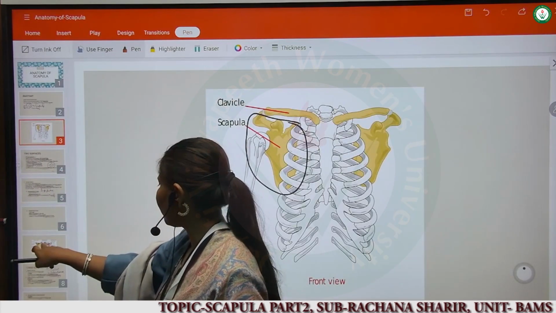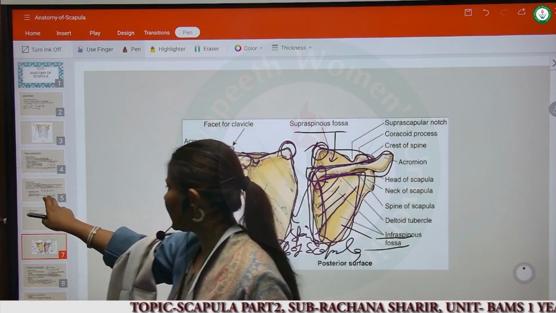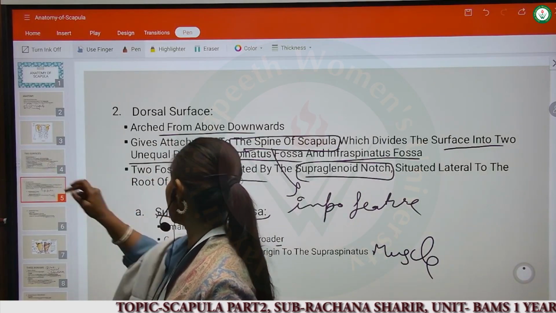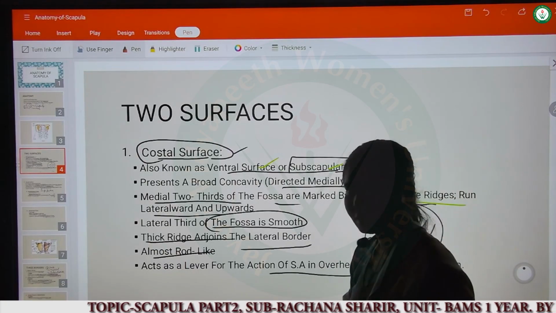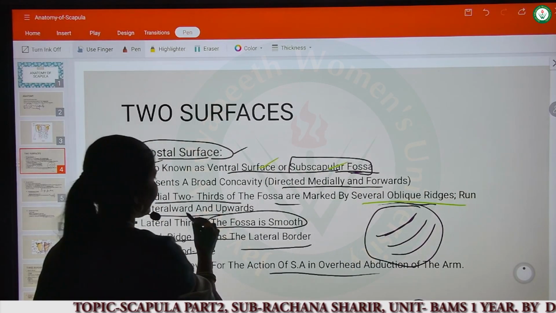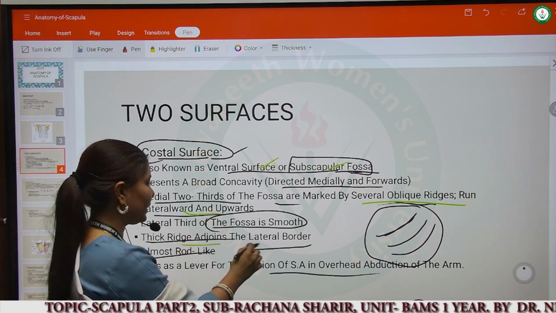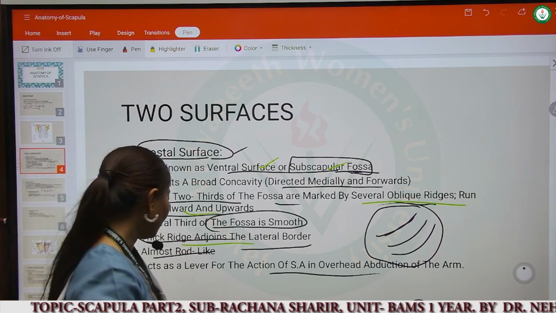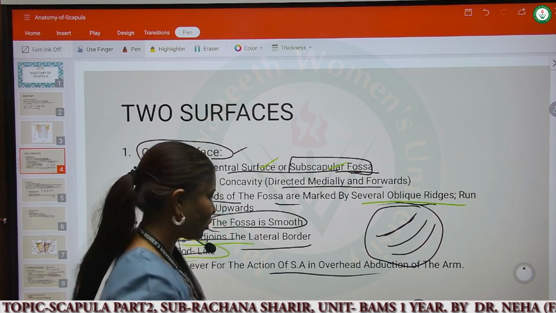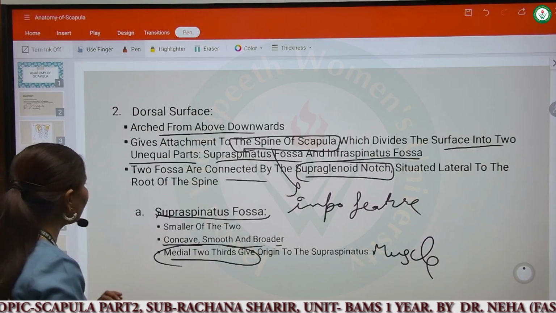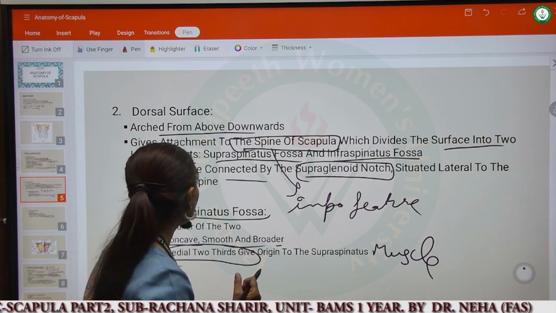In this fossa there are three or four small ridges present, marked by several oblique ridges which run lateralward and upward. Lateral third of fossa is smooth, then a thick ridge adjoins the lateral border, and lateral border is almost rod like because it is more thick, so it gives a feel like a rod.